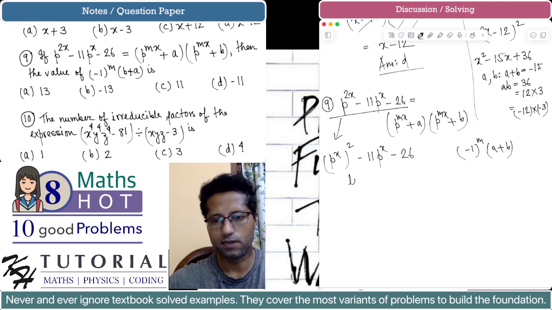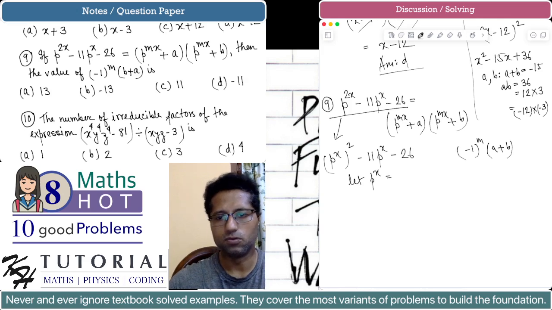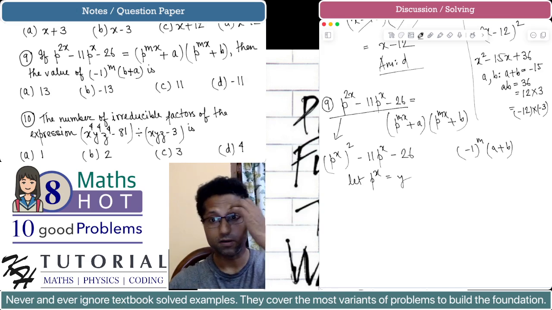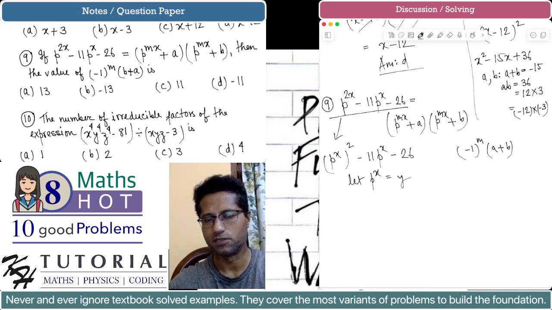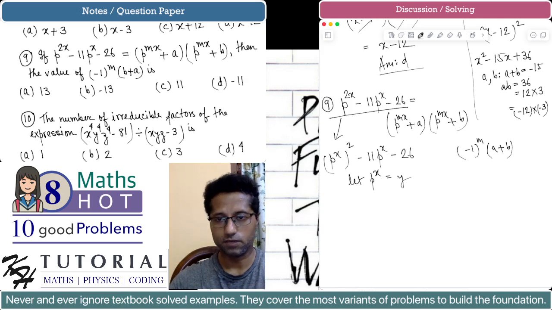You can also do it this way. Let p to the power x be equal to some other variable, let's say y, for the ease of calculation. So if you assume that p to the power x is equal to y, then we are just concentrating on the left hand side of the equation.